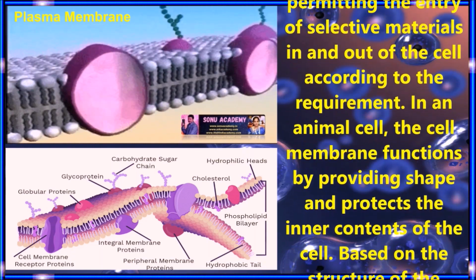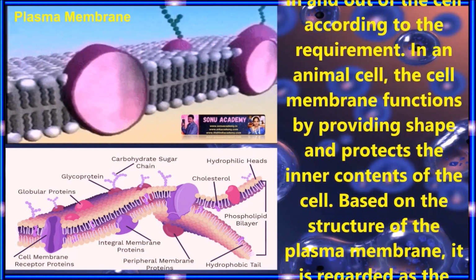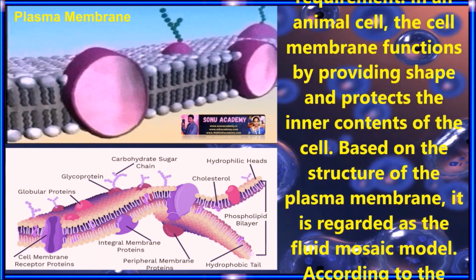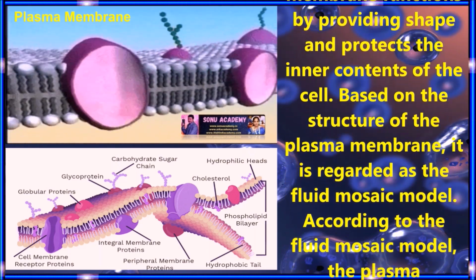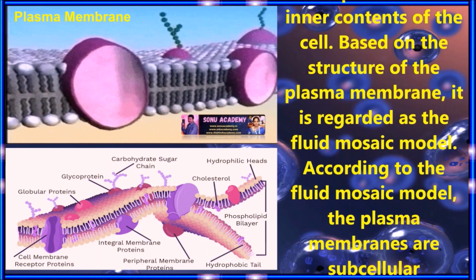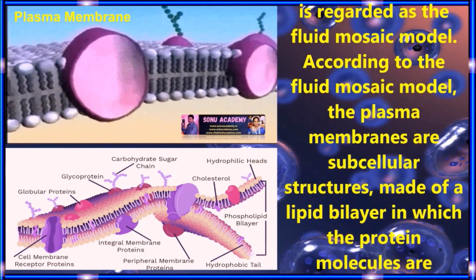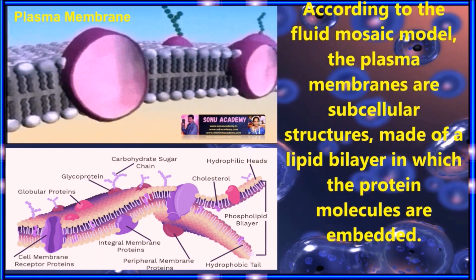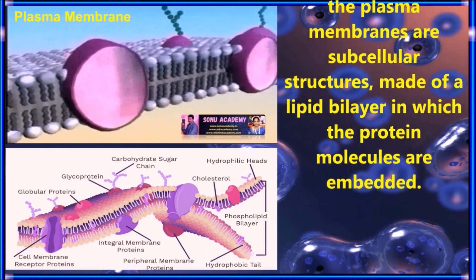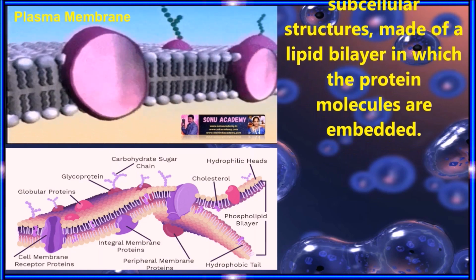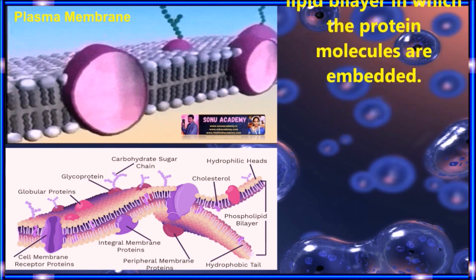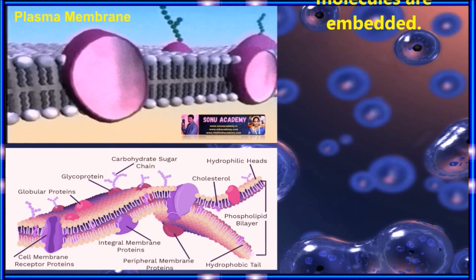In an animal cell, the cell membrane functions by providing shape and protects the inner contents of the cell. Based on the structure of the plasma membrane, it is regarded as the fluid mosaic model. According to the fluid mosaic model, the plasma membrane is a subcellular structure made up of a lipid bilayer in which the protein molecules are embedded.